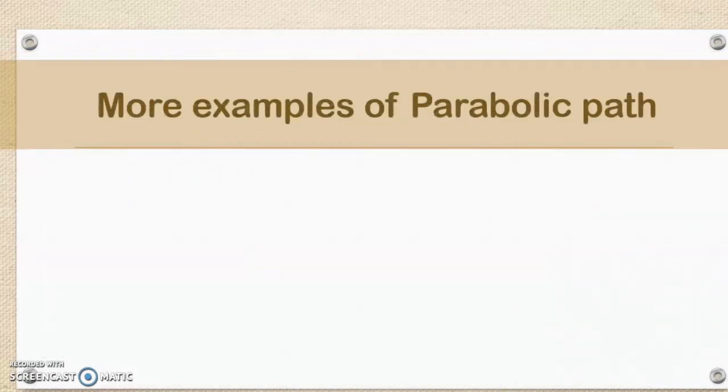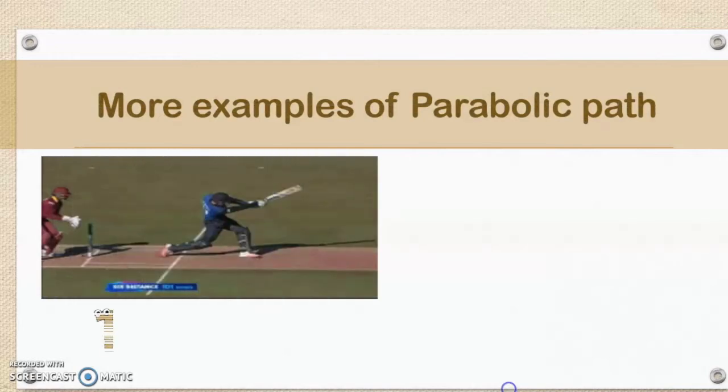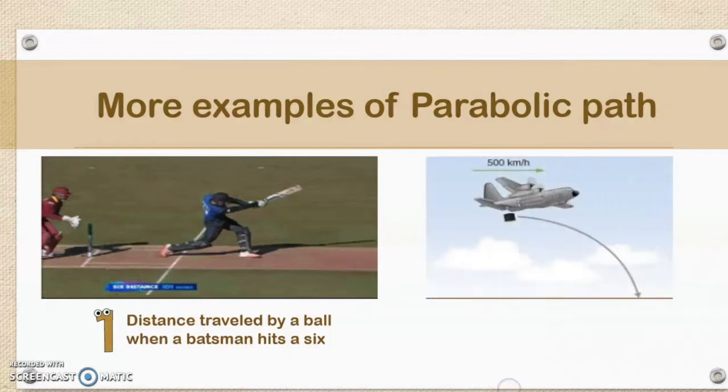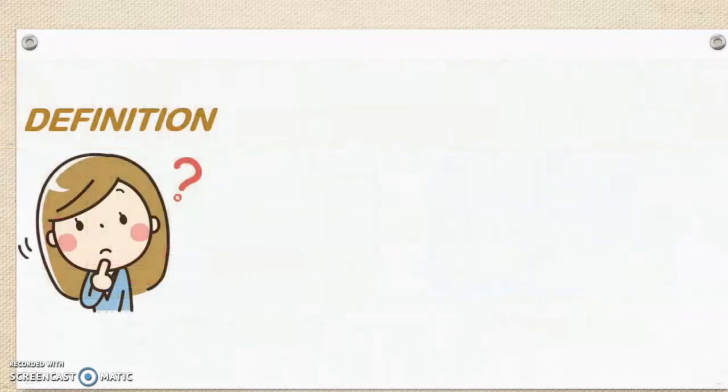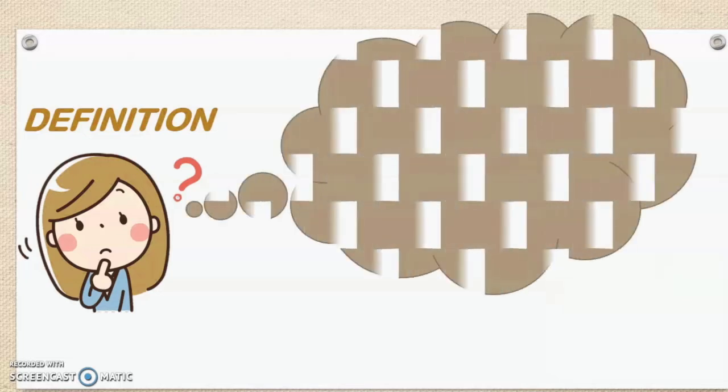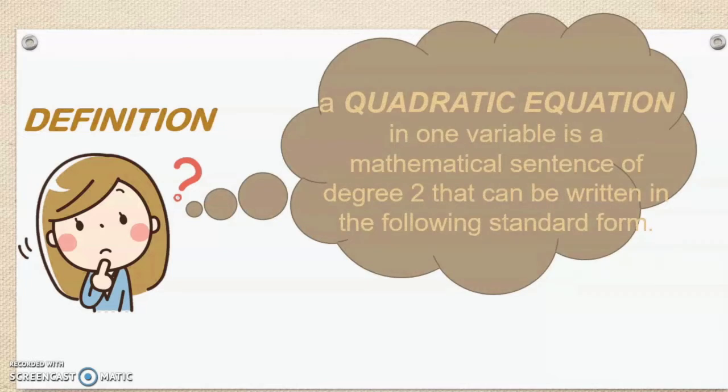Other examples of parabolic path are the distance traveled by a ball when a batsman hits a six, and when a plane hits a target with a missile. And the parabola can be represented as a mathematical equation. This equation is called a quadratic equation.